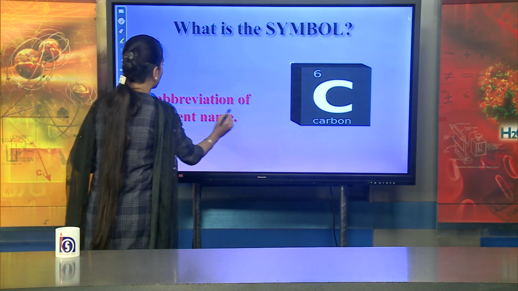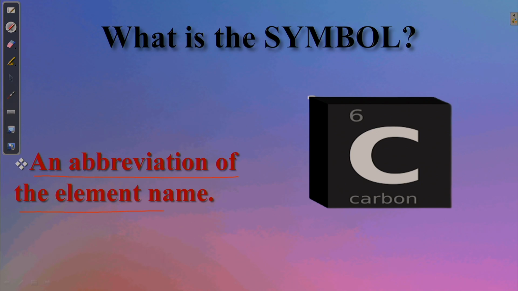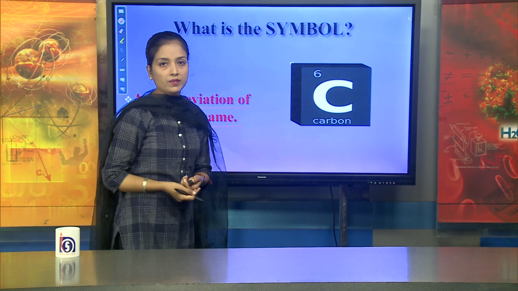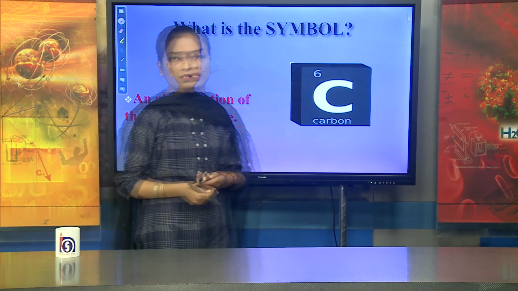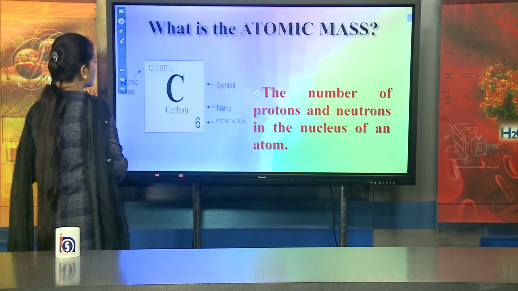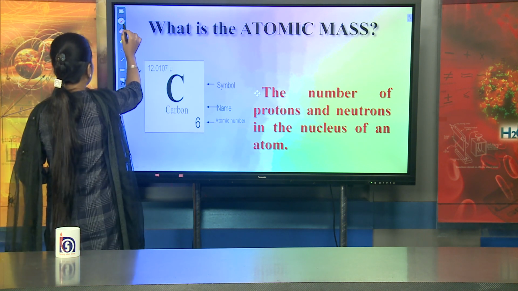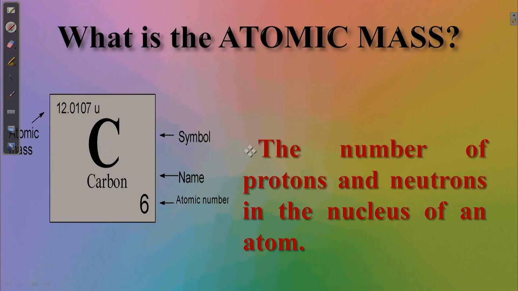An abbreviation of the element's name is known as symbol. For example, for carbon, it is capital C. So next is, what is atomic mass? The atomic mass is the number of protons and neutrons in the nucleus of an atom.